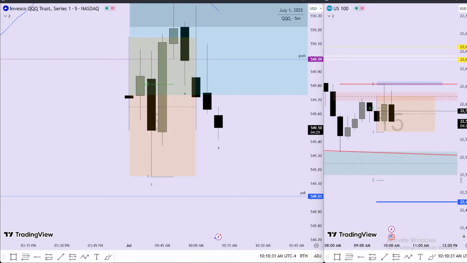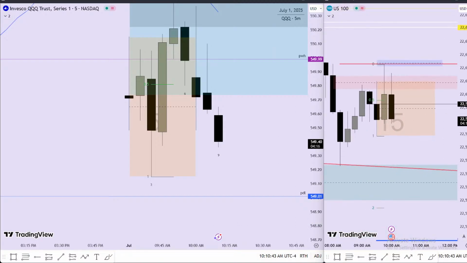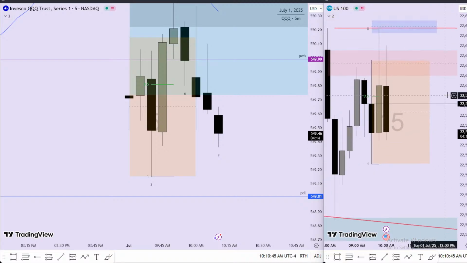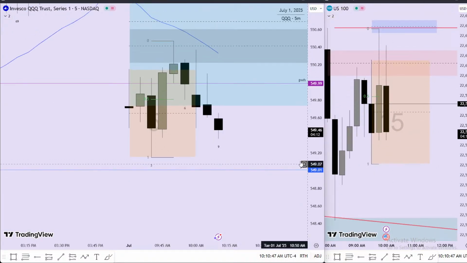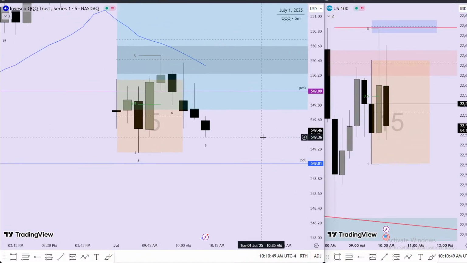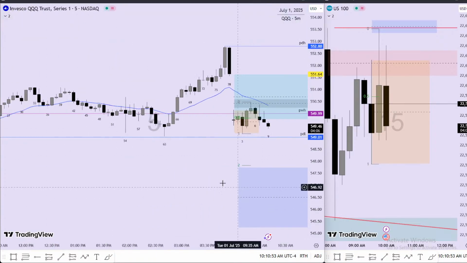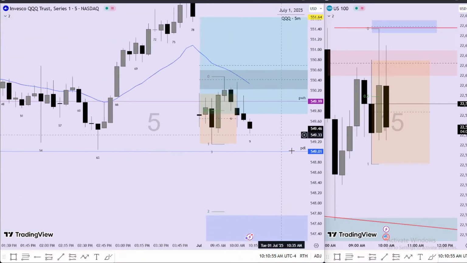That would be 40 to 50 points. We have a previous day low, we have a gap to close.